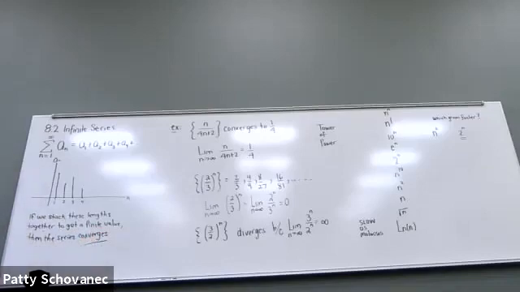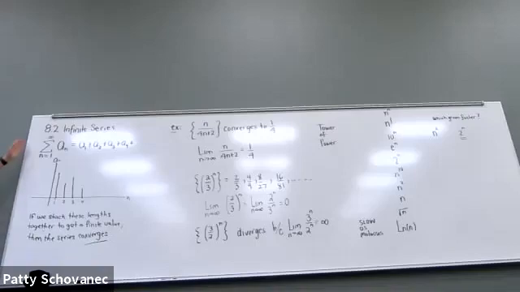But if that length becomes infinite, then the series diverges. It's not that easy to tell when we're going to get a series to converge or diverge as it was for a sequence. We're going to have to do more than take the limit.